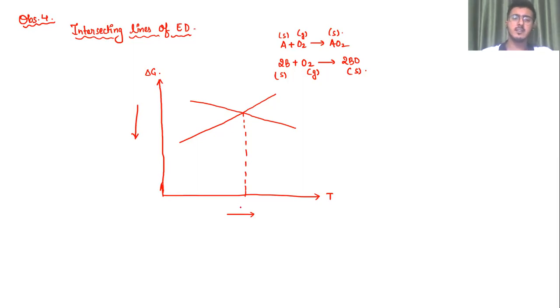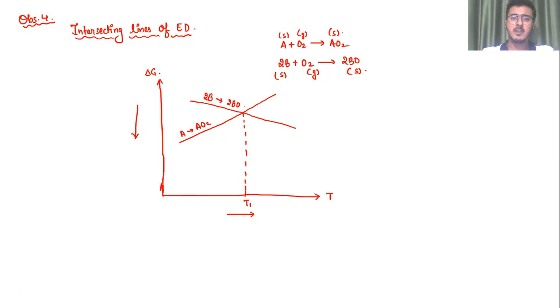Let me call this temperature T1. This line is A in equilibrium with AO2, whereas this line represents 2B in equilibrium with 2BO.